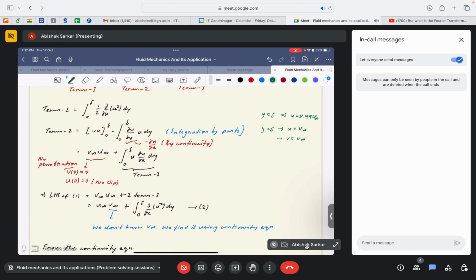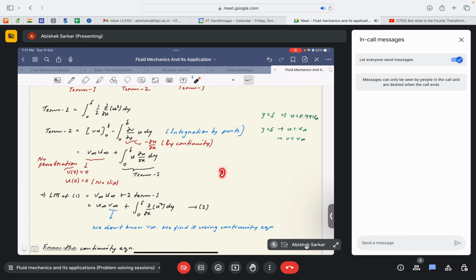Keeping that in mind, the second term of the integration by parts, specifically this term, is dou v by dou y, u dou u by dou y. Again dou v by dou y can be replaced by minus dou u by dou x from the continuity equation, because dou u by dou x plus dou v by dou y is equal to 0.